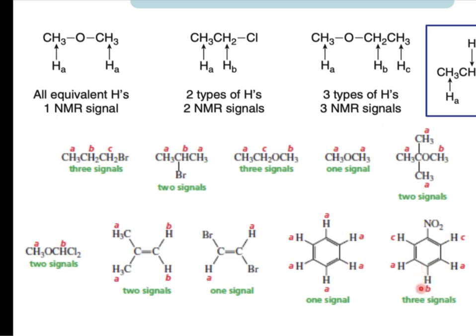This proton is far away from the nitro group, so it has a different chemical environment. So one, two, and three. It simply depends upon how far the protons are. The protons near the nitro group have one chemical environment, and if you move away from the nitro, the environment will be different, and the protons far away from the nitro group will have different signals. That's why it has three signals in the NMR spectrum.